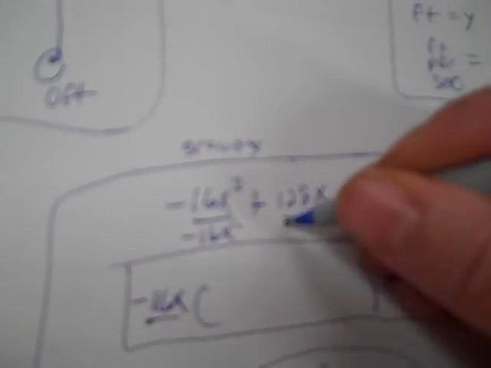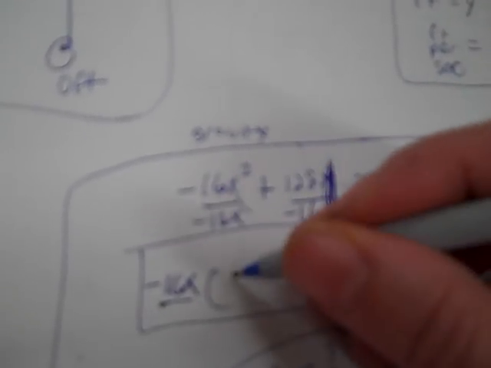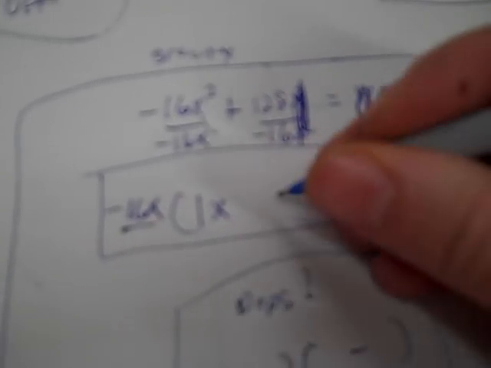It gives me 16, okay? So negative 16x gets factored out. We cross out the x's there, so that's positive 1. And that is x. And 128 divided by negative 16 is negative 8. So I put minus 8.